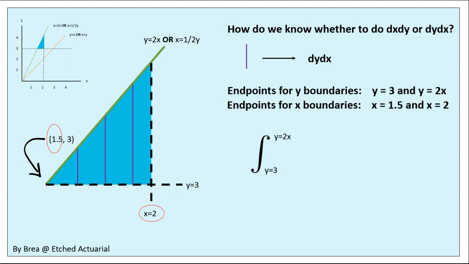Y goes from 3 to y equals 2x. Those are going to be our region of integration for y. Similarly, we're going to do the exact same thing for x: x equals 1.5 to x equals 2. And then once we know that, it's really just a matter of doing the integration. We have f of xy, dy dx. So once you solve this, you will get the answer to the question.